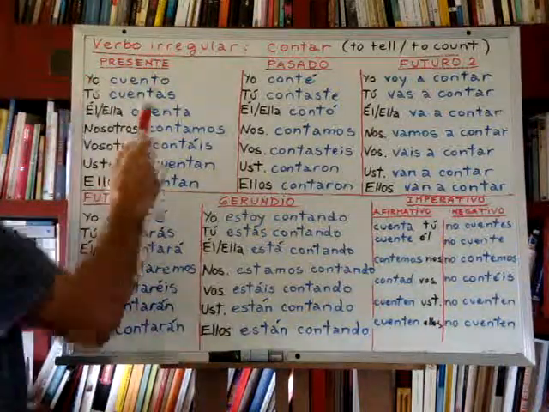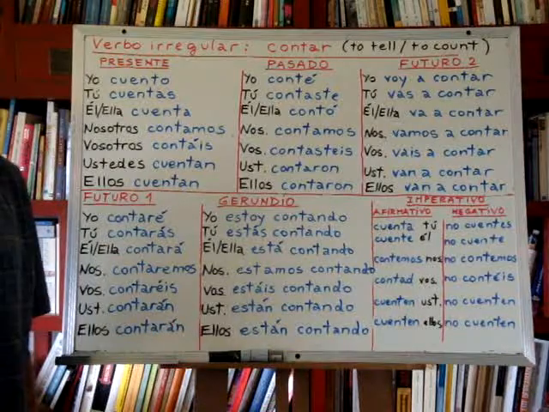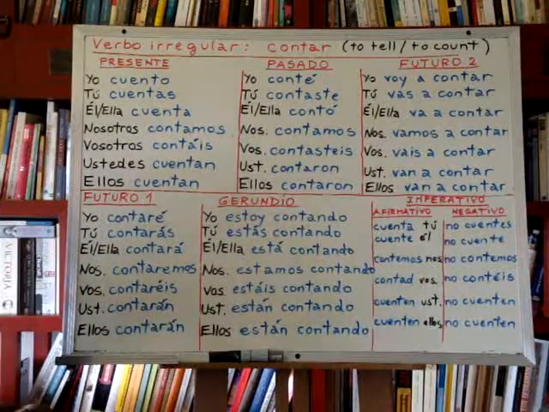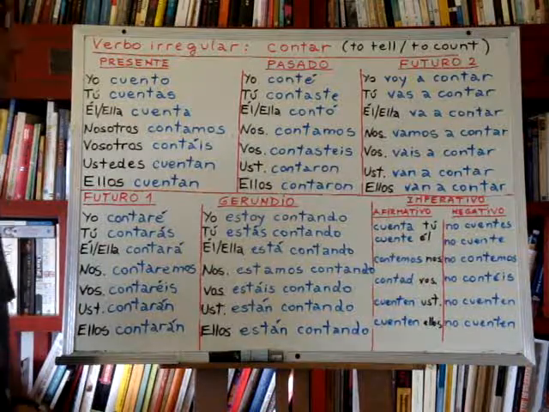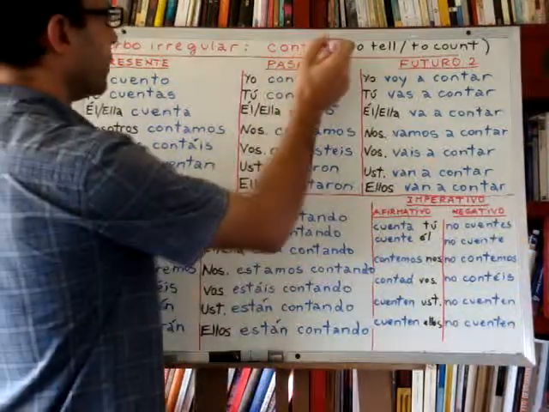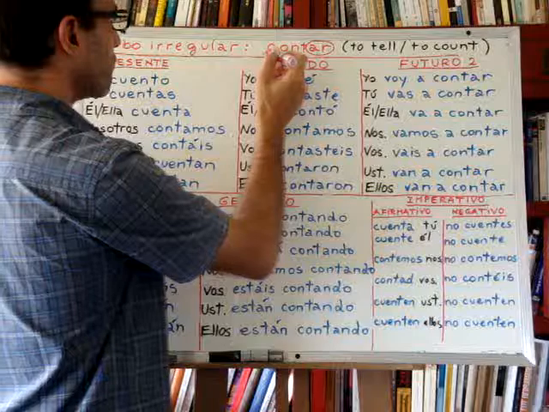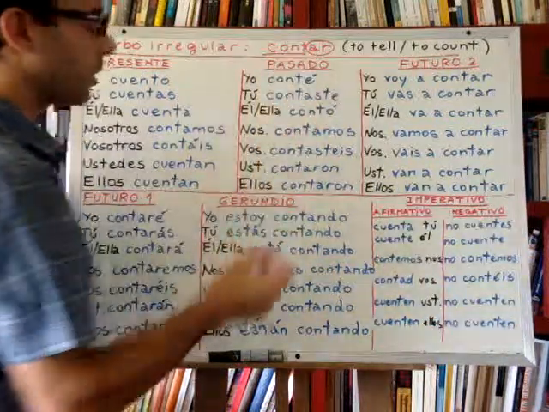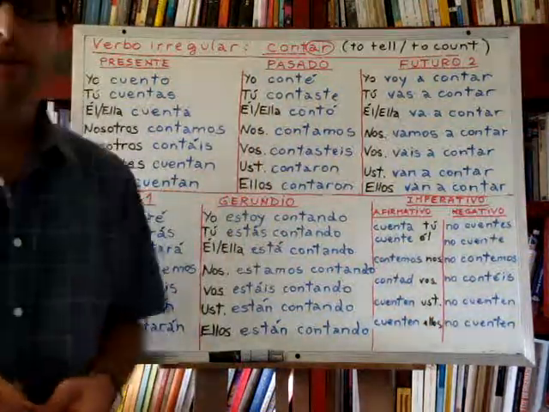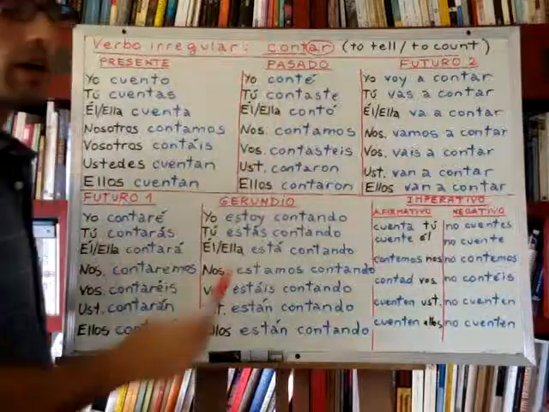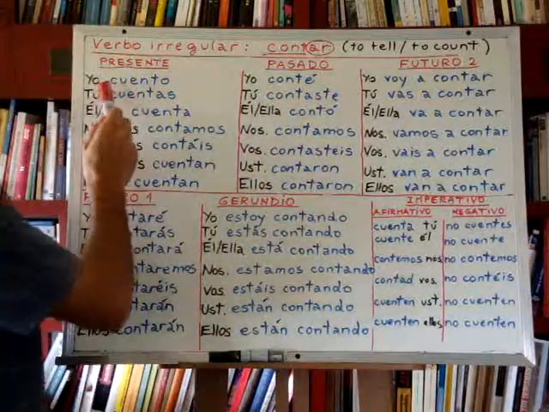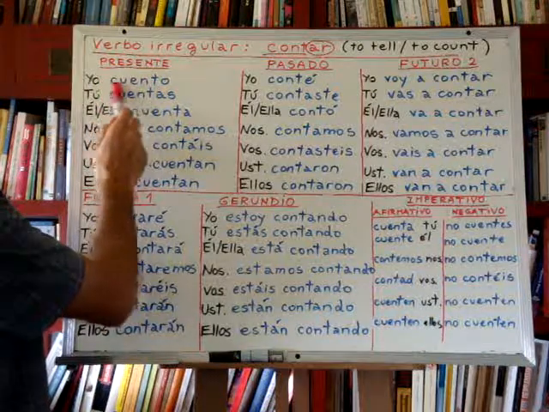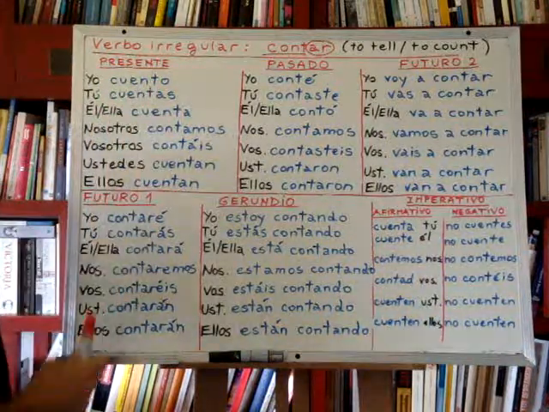Yo cuento. I tell or I count, right? So here you can see how the verb became irregular. We have the ending of the verb and the root of the verb. Cont is the root. So for a regular verb, the root has to remain unchanged, right, in any conjugation. Here, cont changed from cont to cuent, right?